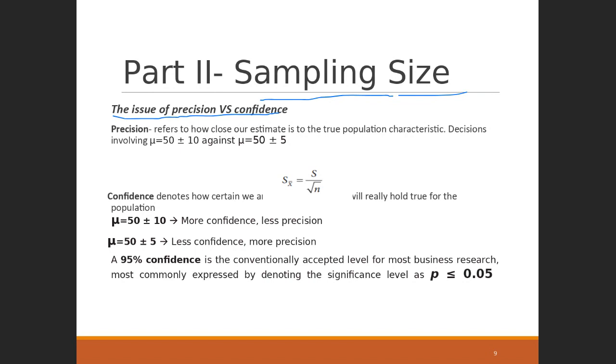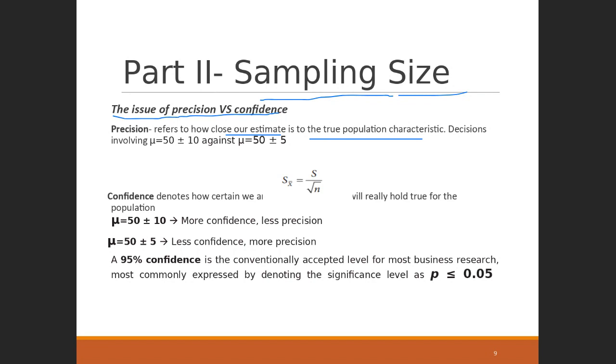Precision refers to how close our estimate is to the true population characteristics. So let us say we have selected a sample of 50 employees from a total population of 300 employees in a workshop. We find that the average daily production rate per person is 50 pieces of a particular product.